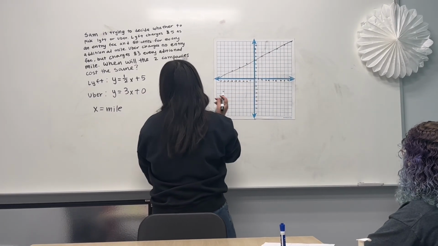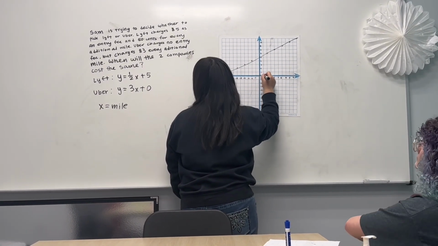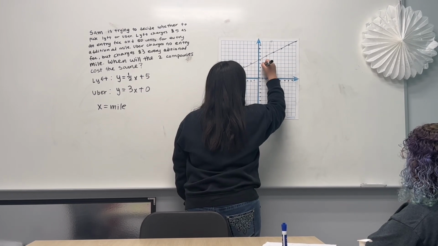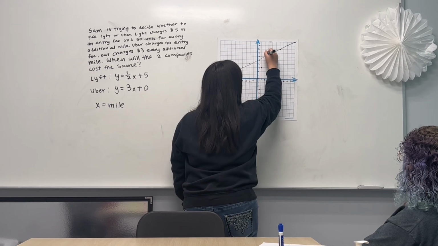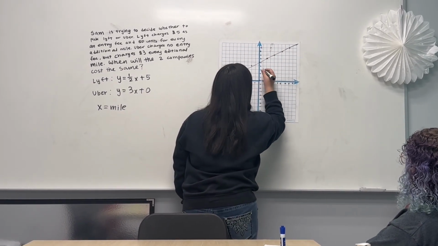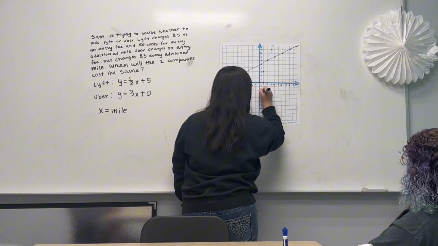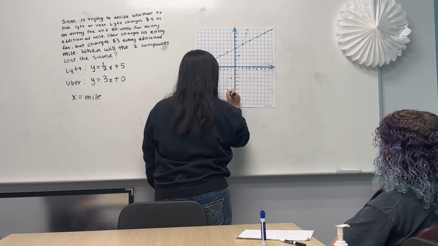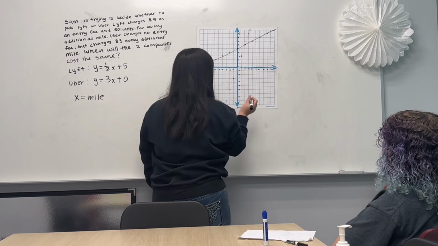And then for Uber, we're just gonna start at 0 because that's the y-intercept. And then go to 3 and then 1. Okay, let's draw this line.